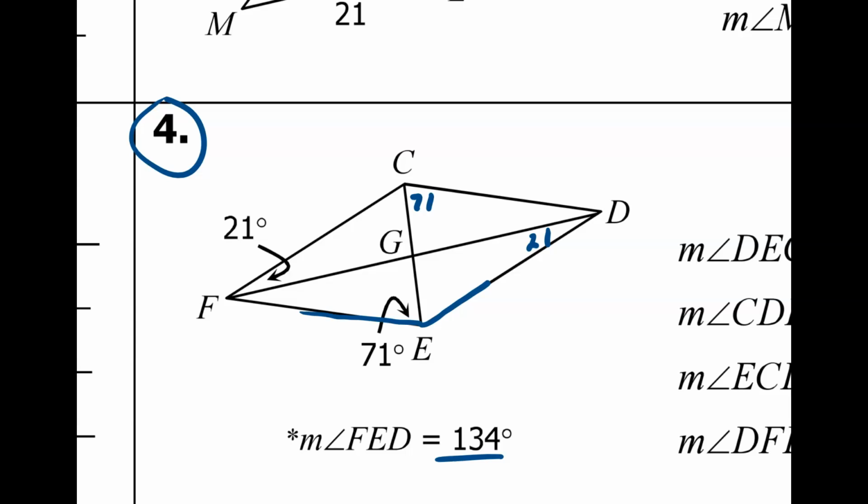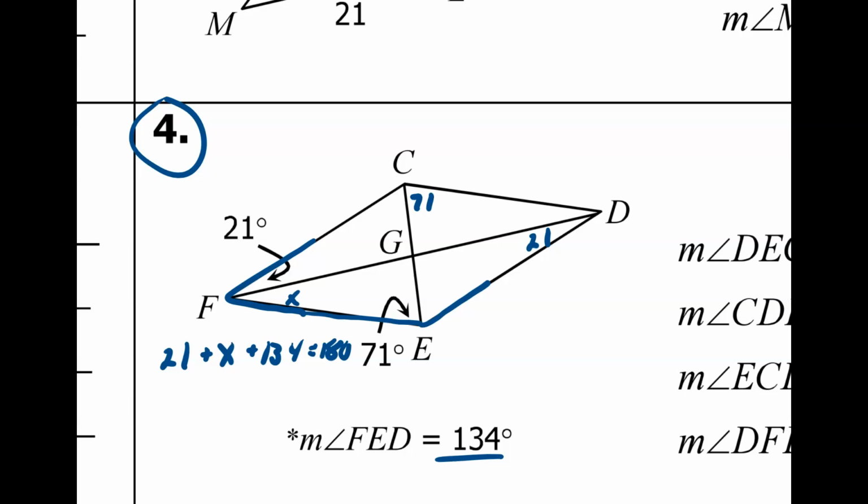And so if that's 134, these two have to add up to 180. So this is a little bit tricky, like I said, but we know that this 21 plus this angle, I'm just going to call it x for a minute, so 21 plus x plus 134 equals 180. That's one way of thinking about it, okay?